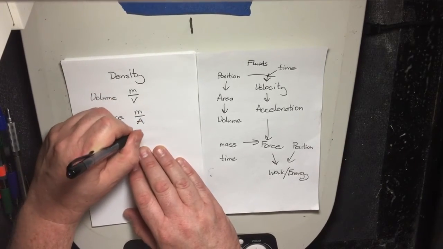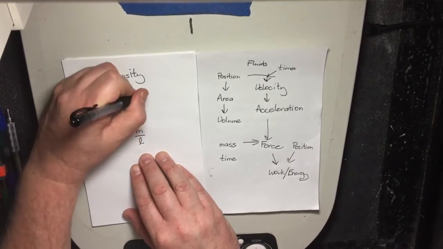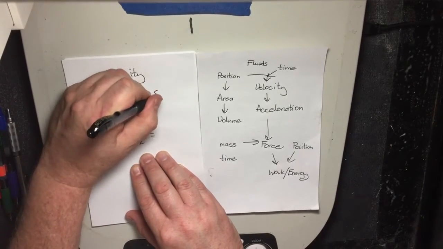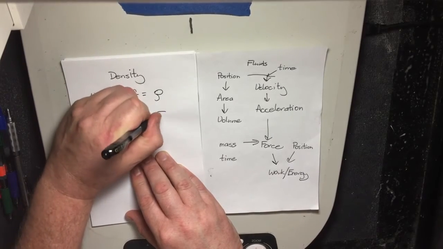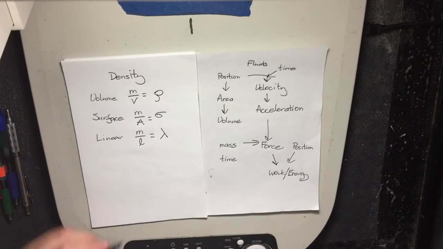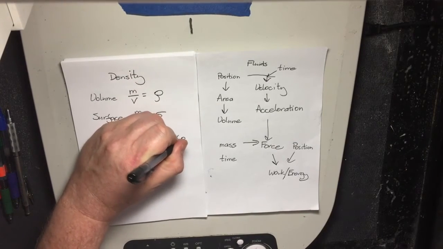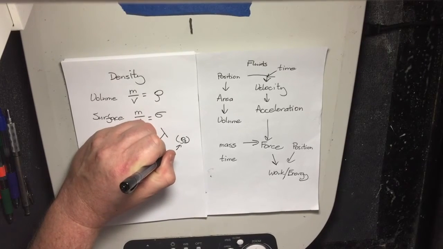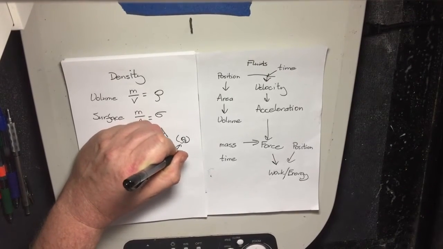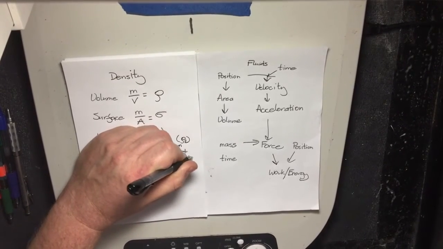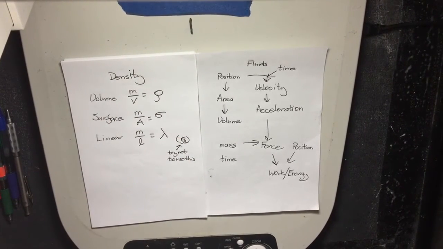Linear density is mass divided by length. The symbols for these are rho, sigma, and lambda. Lambda is occasionally used as rho sub L, but I'm trying not to use this. More often than not, I'll use lambda, sigma, and rho.